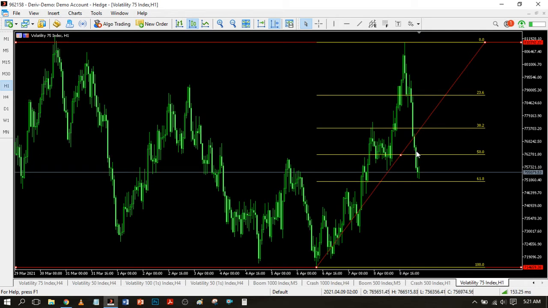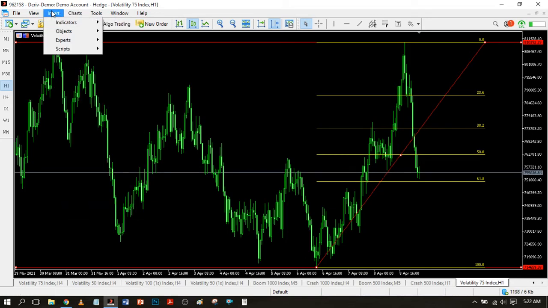The moment price touches 50, or is between 50 and 61.8, or price touches 61.8, at that point we start looking for possible reversals. We'll see this as a major pullback, then expect that price will reverse upwards. So we'll now be using our MACD to confirm the upward movement.